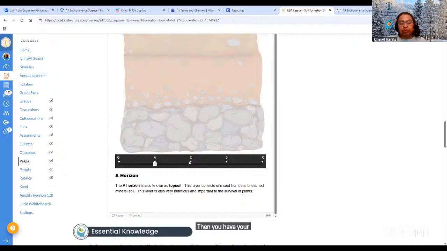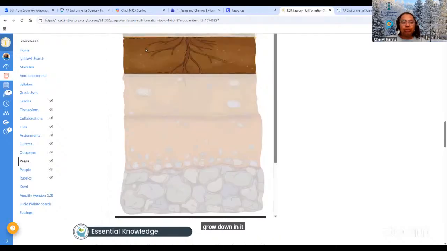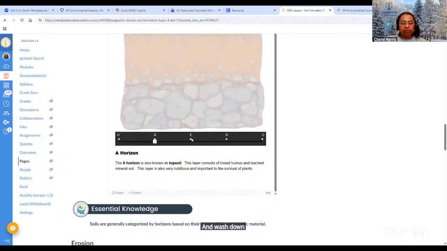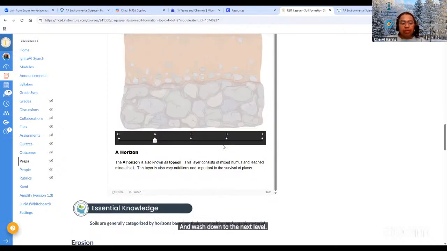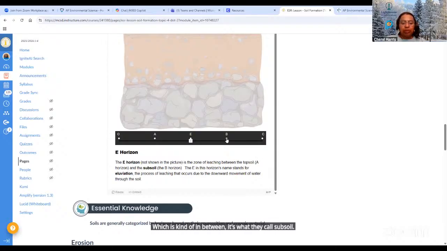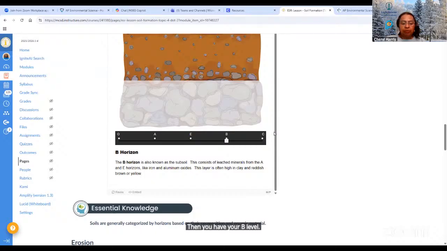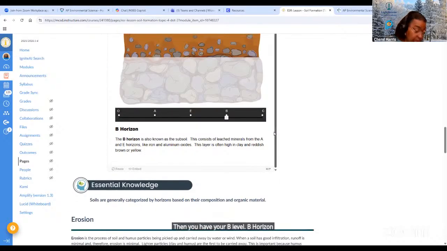So they make the topsoil rich so that roots can grow down in it and actually get some nutrients out of the things that have died and wash down to the next level. Then you have your E level, which is kind of in between. This is what they call subsoil. Then you have your B level, or B horizon, let's use the correct vocabulary.